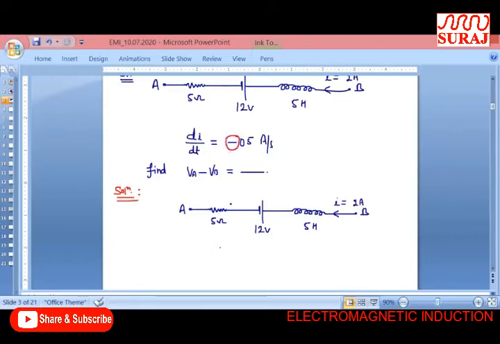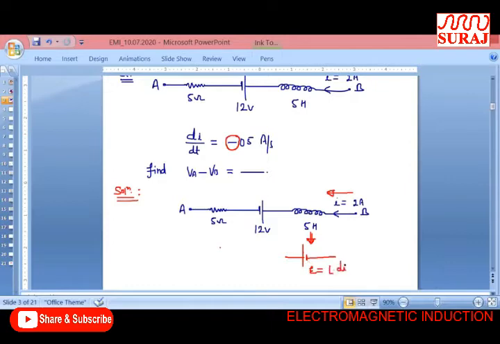You see, what is happening here? The negative sign says what? A decrease in current. The current in this direction is decreasing. It means the EMF induced will try to increase the current. To increase the current in this direction, the polarity induced across the inductor will be of this kind.